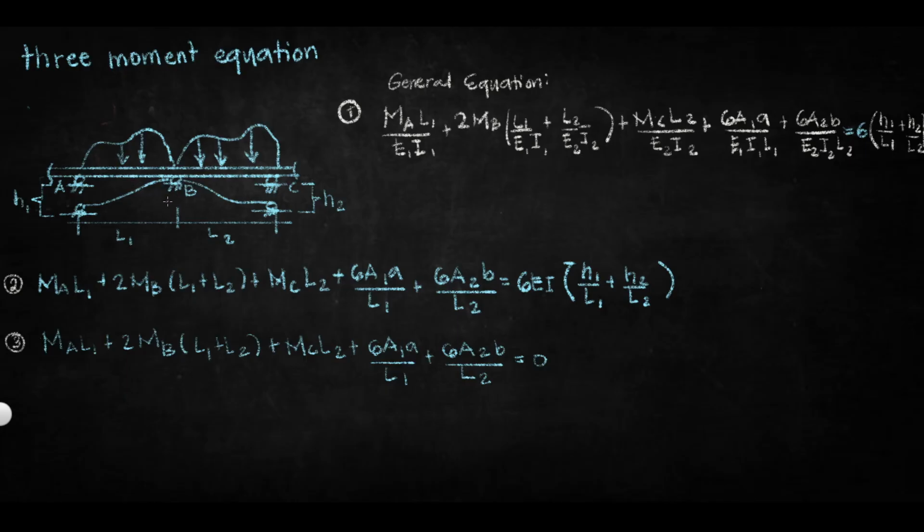Each span has its own I1 and E1, and for BC, this is your I2 and E2.